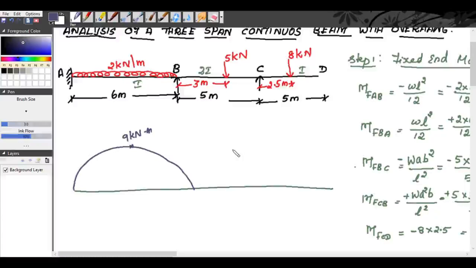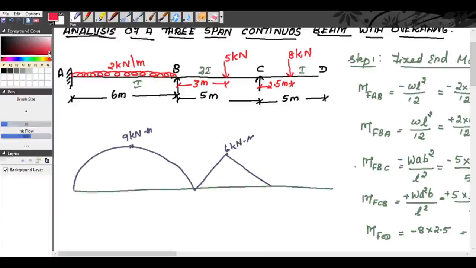For the span BC, it is 6 kilonewton meter, and this 6 kilonewton meter will be at the place where this 5 kilonewton load acts. There will not be any simple beam moment in the span CD.